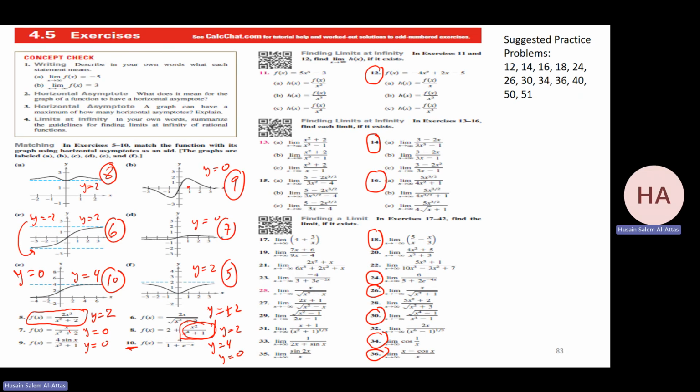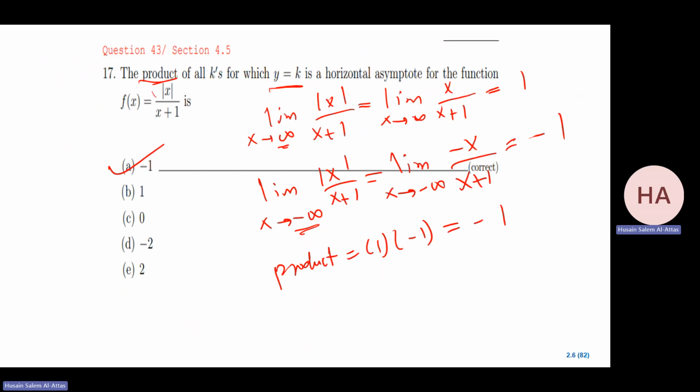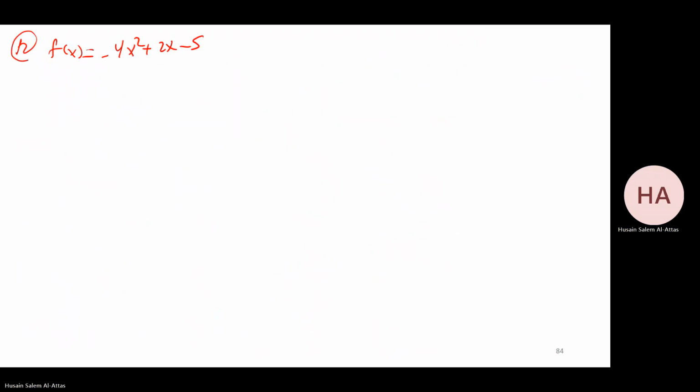Okay, so let me move to 12. I give you a function f, which is minus 4x squared plus 2x minus 5. And he's asking you, what is the limit as x goes to infinity of the following functions: f of x over x?